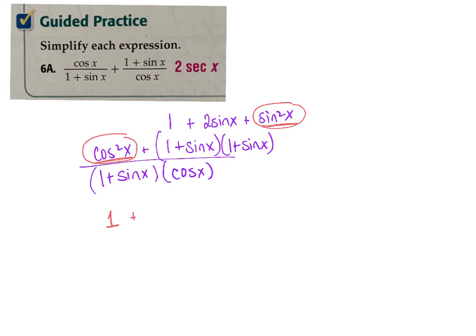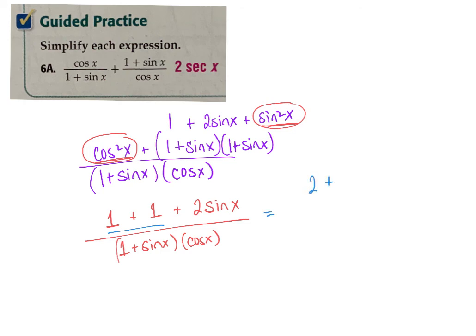So I have 1 plus 1 plus 2 sine of x over 1 plus sine of x, cosine of x. Simplifying the top, 1 and 1 give me 2 plus 2 sine of x over 1 plus sine of x, cosine of x.